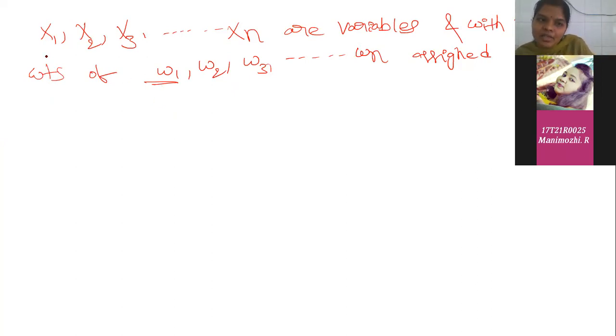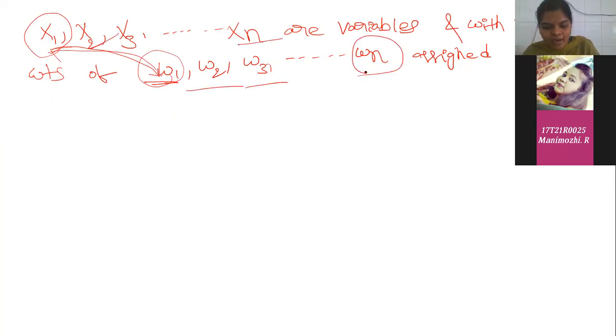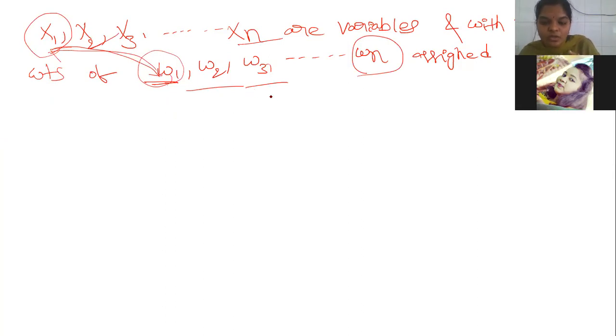So see here, this is our variable and W1 is giving importance to the variable. Likewise, X1 is represented by W1, X2 by W2, Xn by Wn. This is called the relative importance given to each of the values.